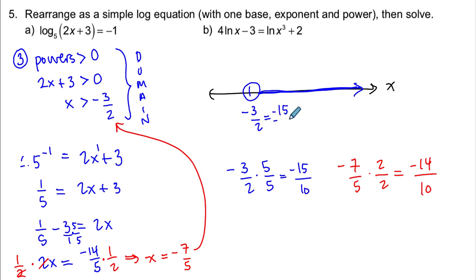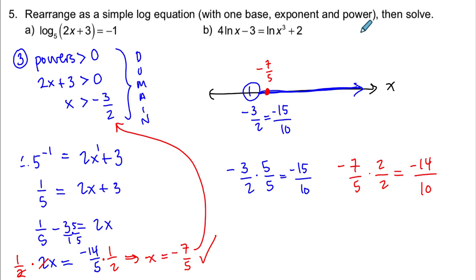And the red fraction is the same as negative 14 over 10. And so negative 14 over 10 is actually closer to 0, and so negative 14 over 10, or indeed negative 7 over 5, lies to the right of this boundary x value. And so we want x to be to the right of that value, so this is an acceptable solution. It lies within the domain.